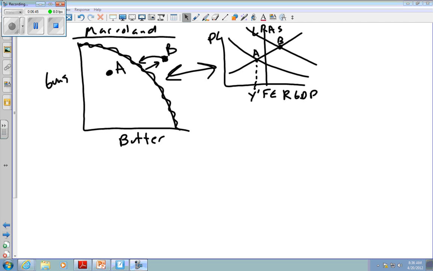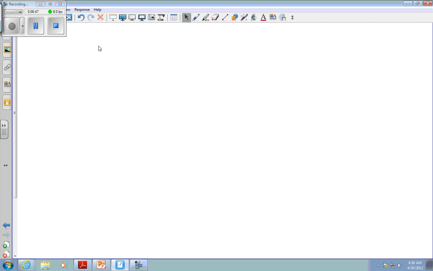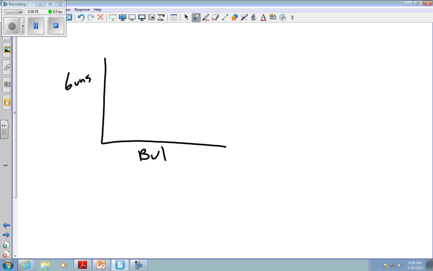Okay, next thing. This graph can also shift, and that is really the goal of all economies. If you think about the history of the United States, our production possibilities curve was here, let's say in the 1700s, and it continued to increase outward.